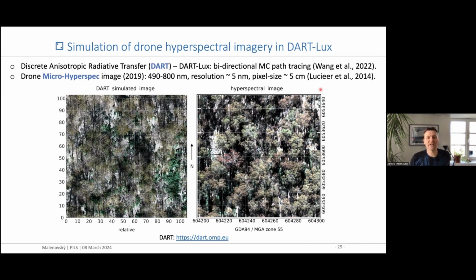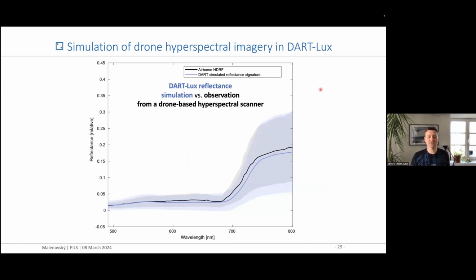But if we take the hyperspectral signature of the entire site and compare it between the DART simulation and the drone observation, we end up with quite good similarity. We have a very close overlay between simulated and measured data.